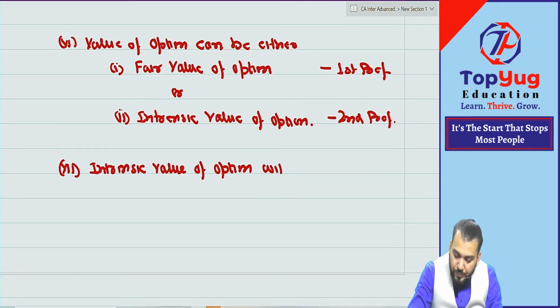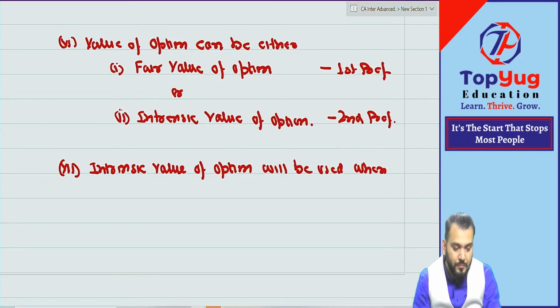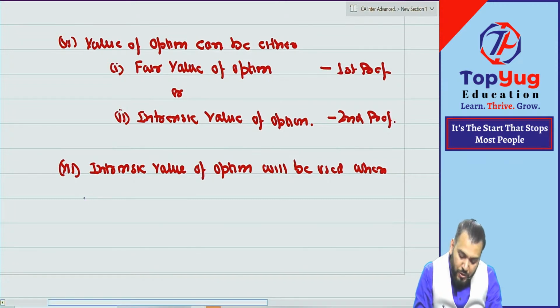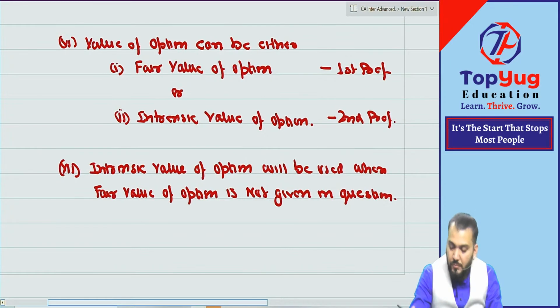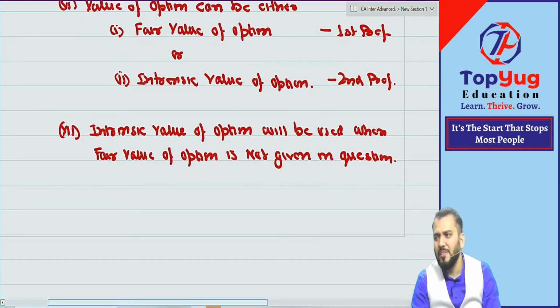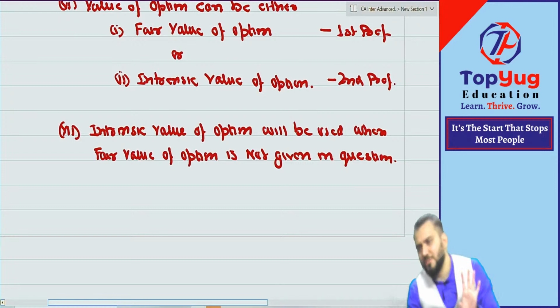Intrinsic value of option will be used when fair value of option is not given in question. 70% chance is that they will not give fair value of option.